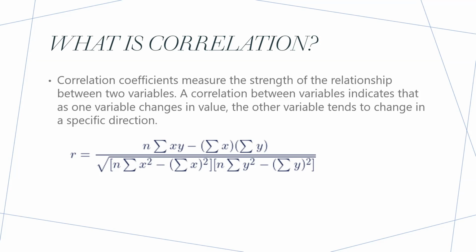The sign of the number indicates whether there's a positive or inverse relationship between the two sets of numbers, say X and Y. Positive if Y increases as X increases, or negative or inverse if Y decreases as X increases. The limits of r are -1 to +1, with the limits being perfect correlation, which rarely if ever happens. And so you can think of the correlation coefficient r as being some percentage.